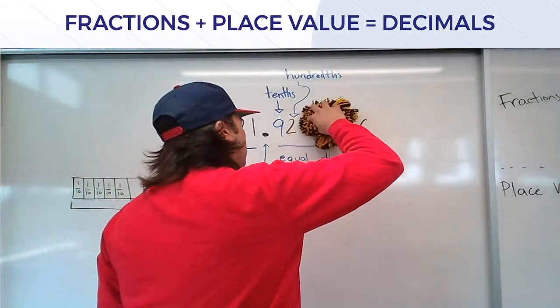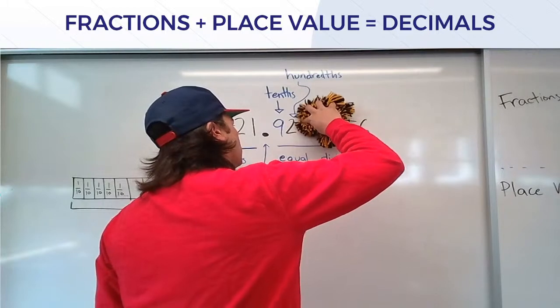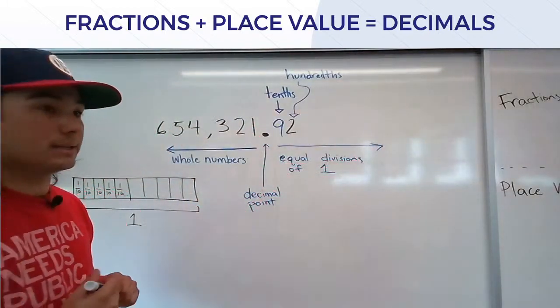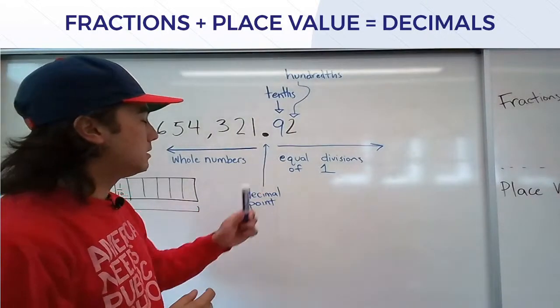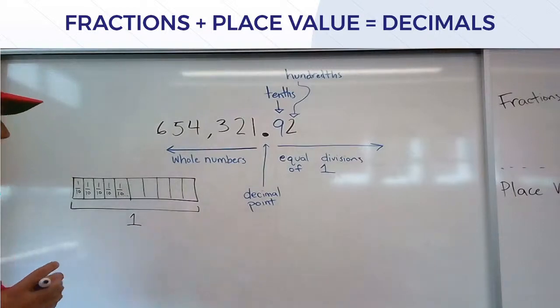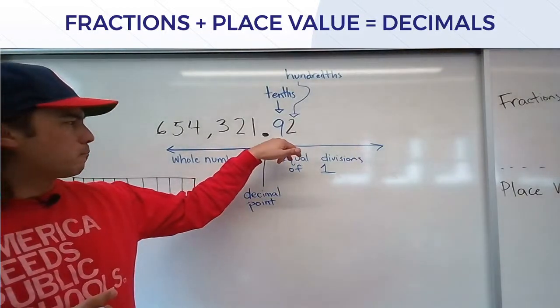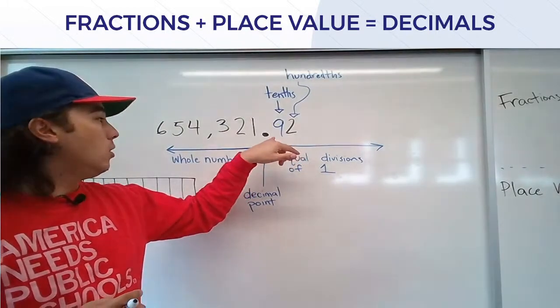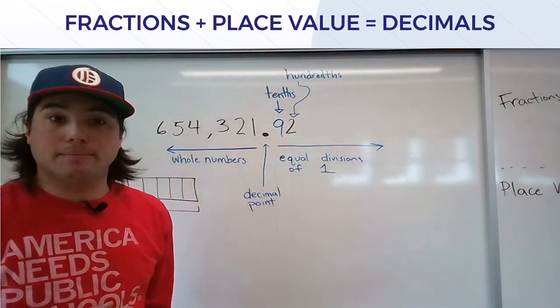But just for today, we're going to worry about our first 2 places on the right side of our decimal point here. Our tenths place and our hundredths place. Okay, so just like 1 divided by 10 is a tenth, right? 1/10 divided by 10.